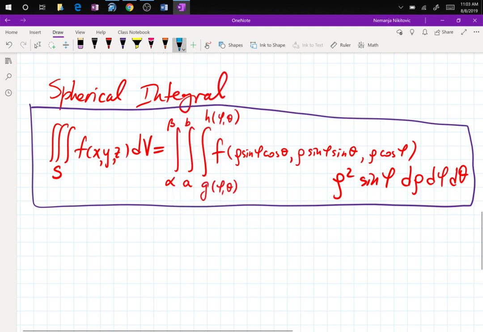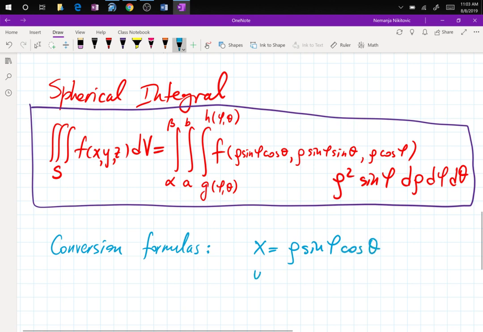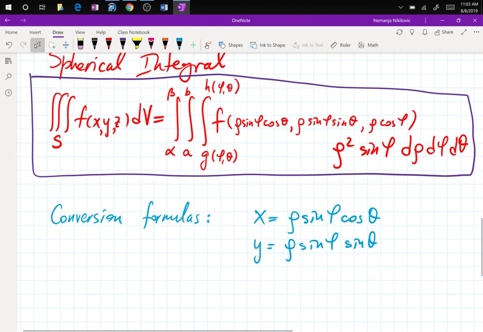First off, conversion formulas. They are given in these parentheses. x equals rho sine phi cosine theta. y equals rho sine phi sine theta. And z equals rho cosine phi.